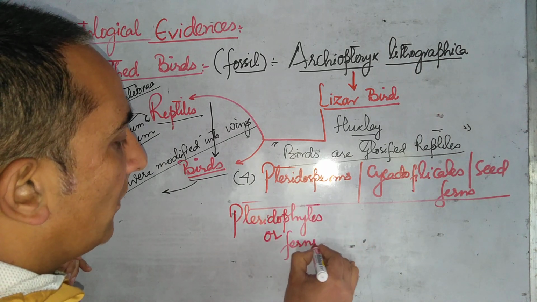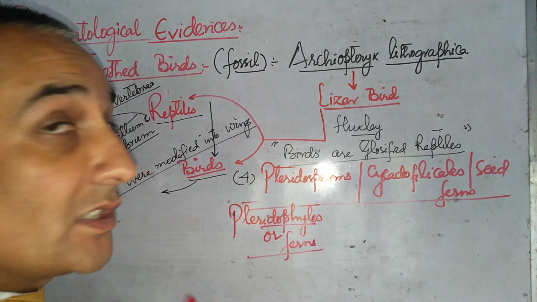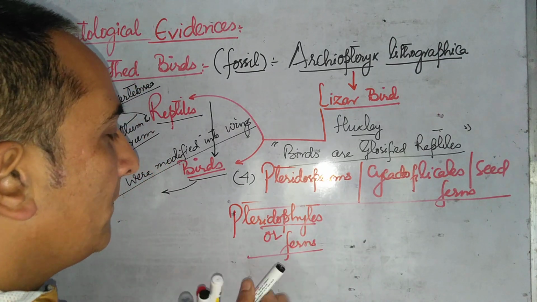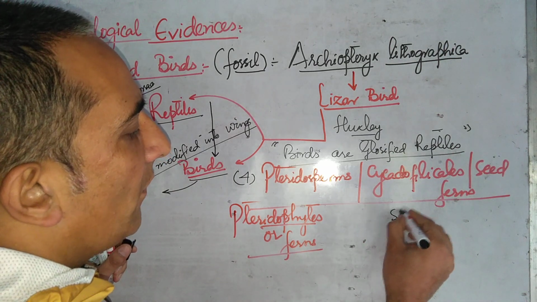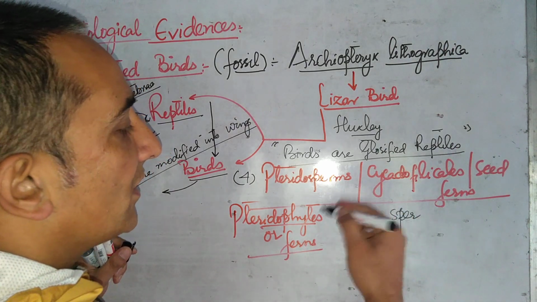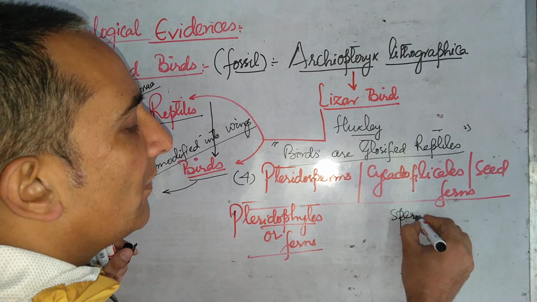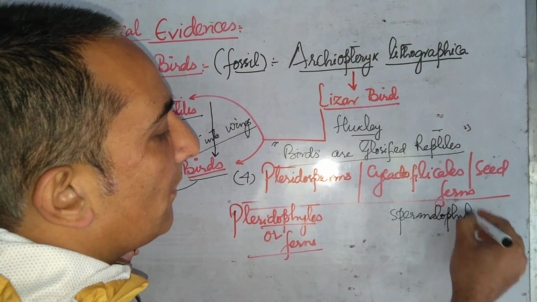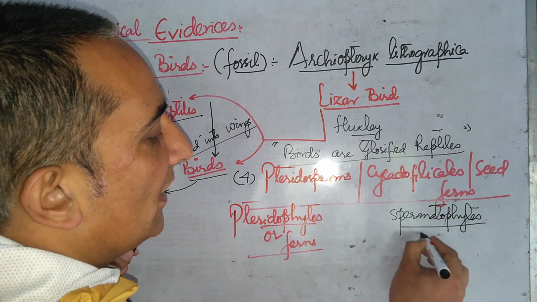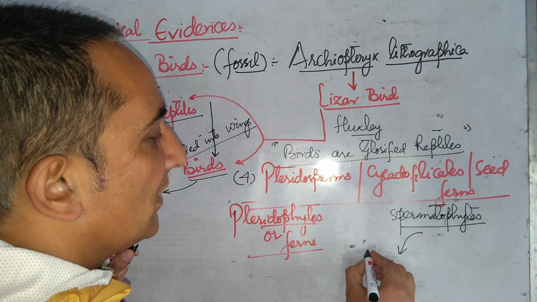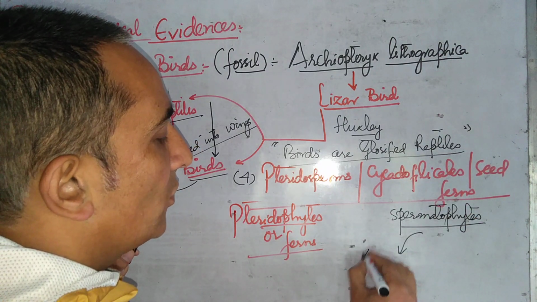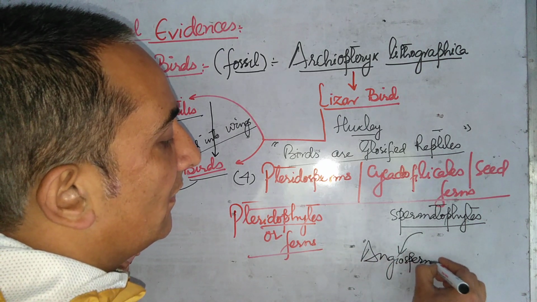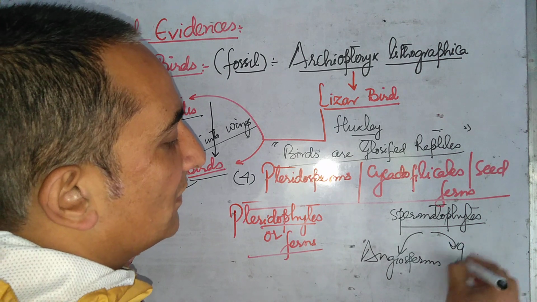Some characters of these fossil plants resembled those of the pteridophytes or ferns, and on the other hand, some other characters of these plants, the pteridosperms, resembled spermatophytes. The spermatophytes include two categories of plants, that is the angiosperms and the gymnosperms.